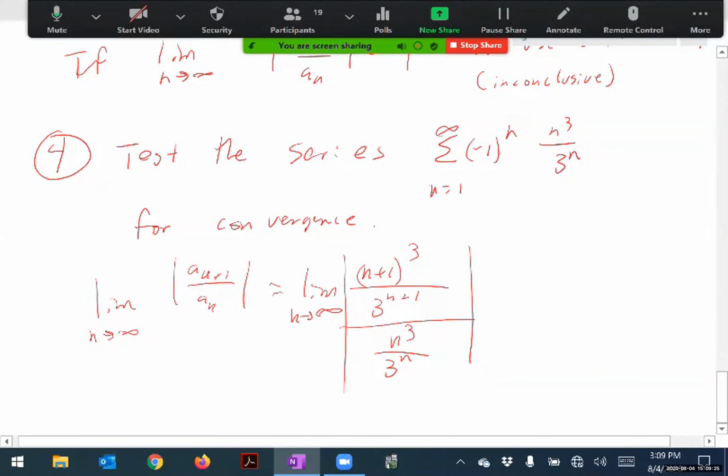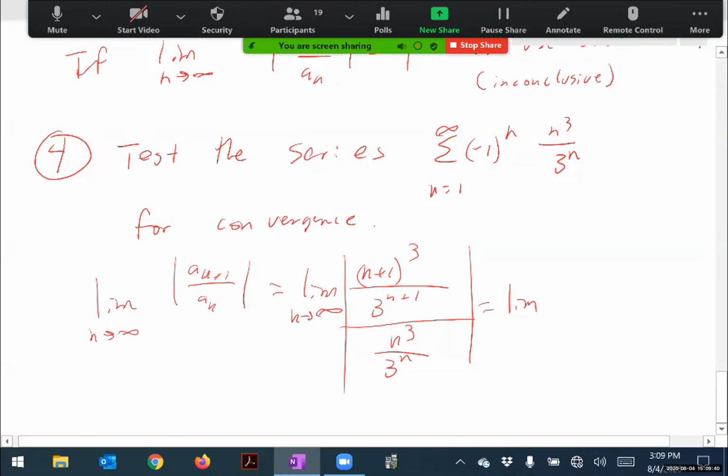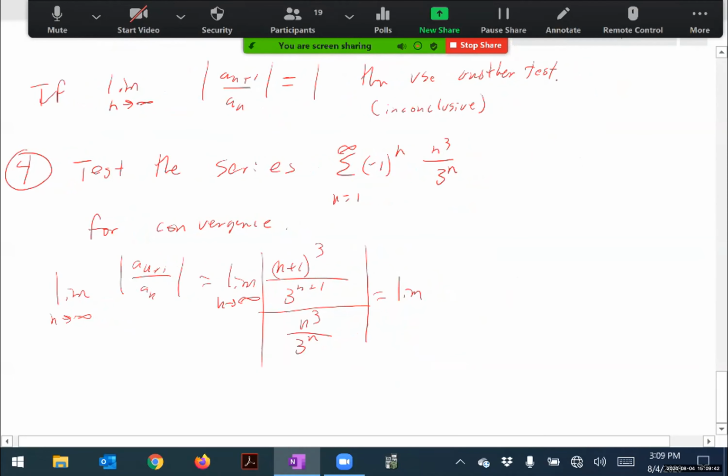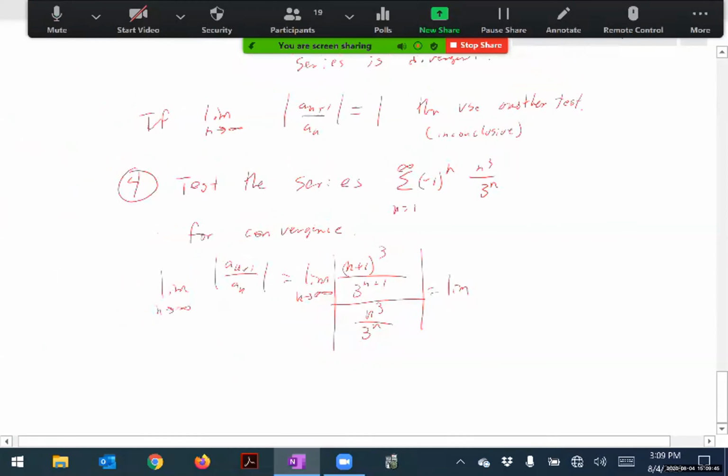Now I want to flip these upside down and try to cancel some stuff out. So I've got n plus 1 cubed over, oops, forgot my limit. Let's move that over.